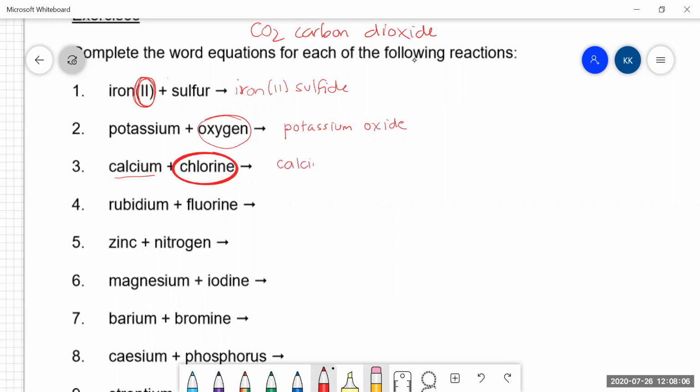So the metal name stays the same, and we chop off the ending of the chlorine and do chloride. I want you to pause the video and I want you to try the rest of the examples. No, like really pause it.